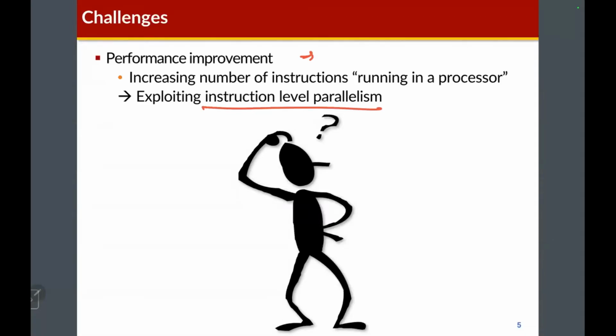Now, how can we increase the instruction level parallelism? We just focus on the performance of a single thread in this case. So first, we need to find as many available instructions as possible. How?